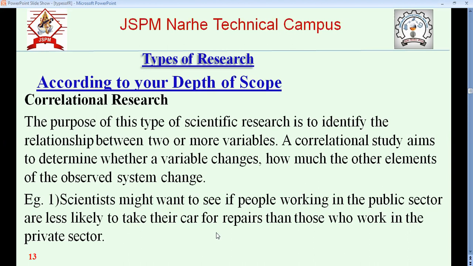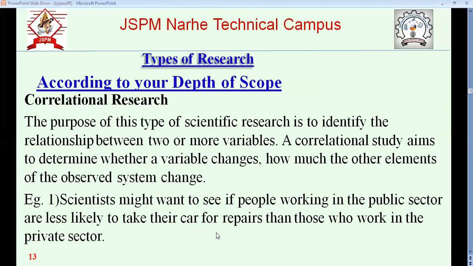Like in the earlier explanatory research, we said why it is happening. So the amount is not important there. It is only telling the relation, but it is not quantified. Suppose if I increase parameter A by 10%, what is the effect on parameter B? That comes under correlation research. So it is much deeper as compared to the earlier research.